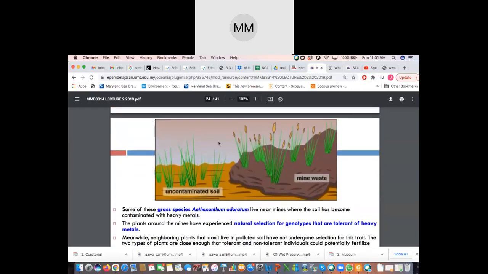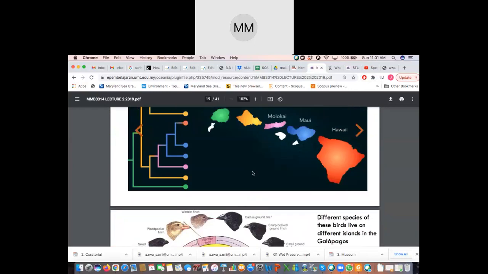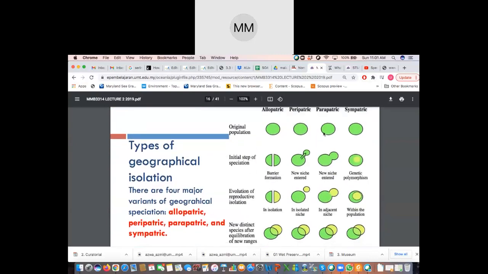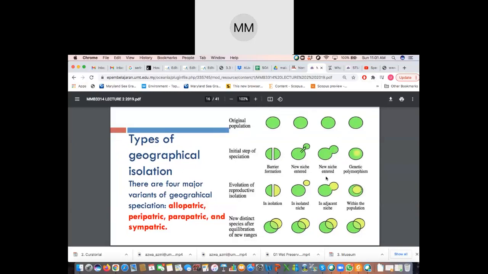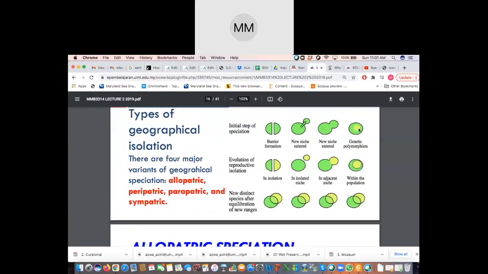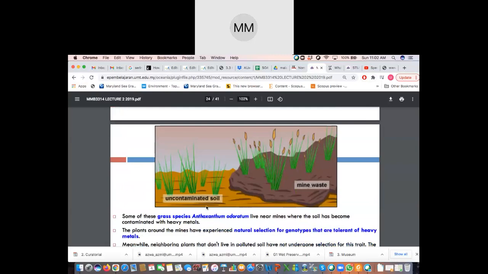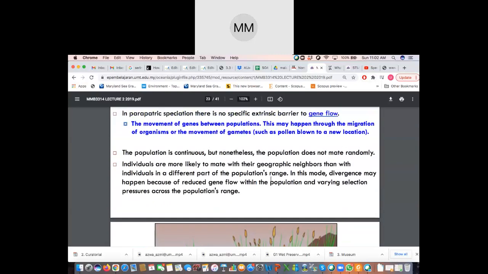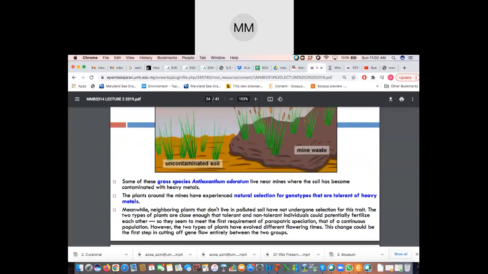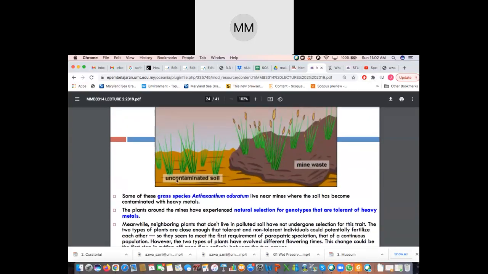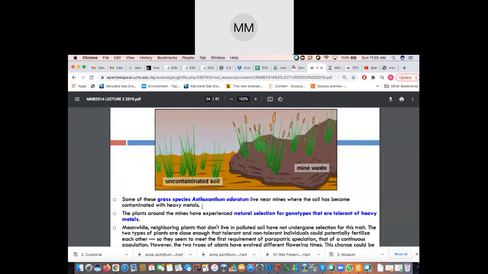I think a very good example of this is, remember how I mentioned this picture? Keep this in mind. It's not a split of a barrier formation. This is a new niche still within the geographical area, but just a little bit out. So, for example, when you're talking about any particular pressure in the environment, some grass species of Anthoxanthum odoratum live near mines where the soil has become contaminated.